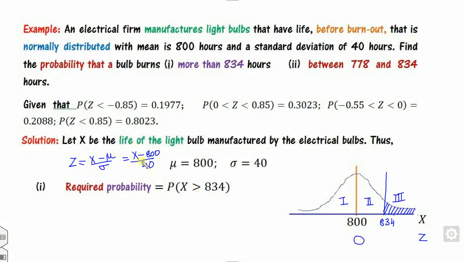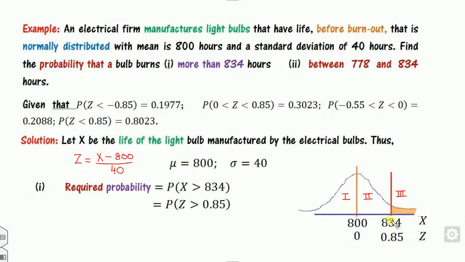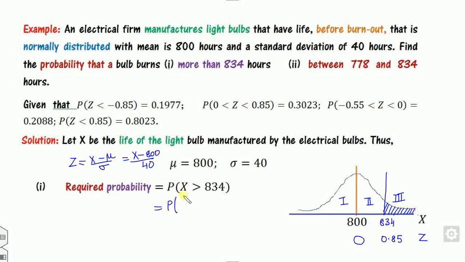Look at that, 800 minus 800 is 0, and 834 minus 800 is 34, divided by 40 is 0.85. So you can replace this number this way: x greater than 834 corresponds to z greater than 0.85.